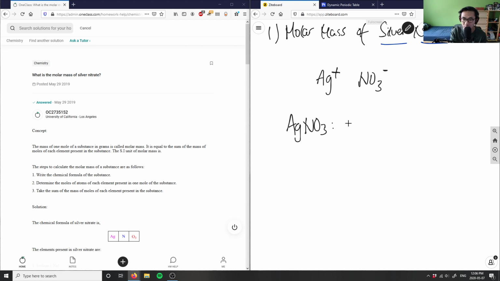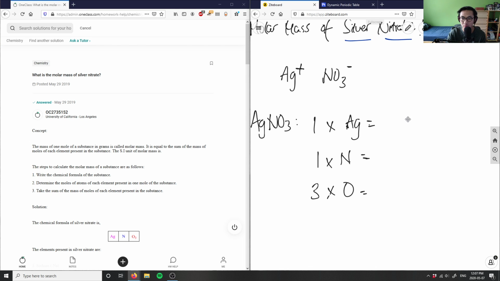We have one silver atom, Ag. We have one nitrogen atom, 1N. And we have O3, which means 3 oxygens. I'll put an equal sign here. We're going to add up all the molar masses together to find the total molar mass.